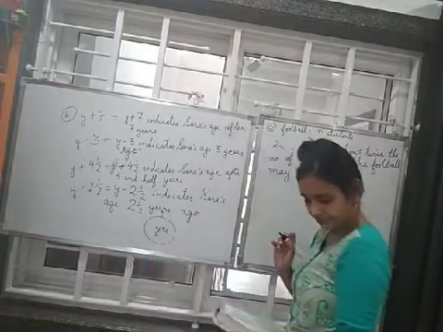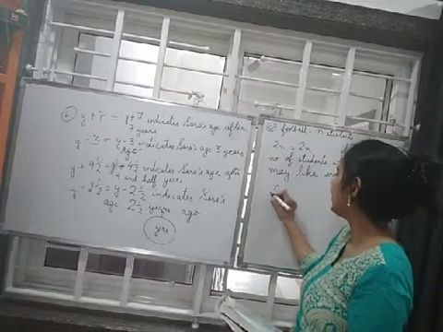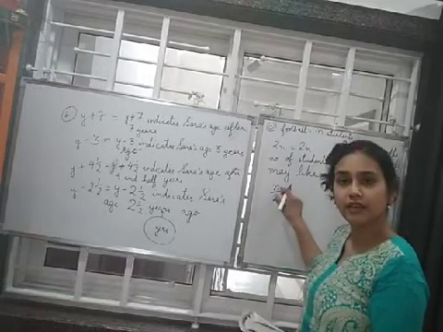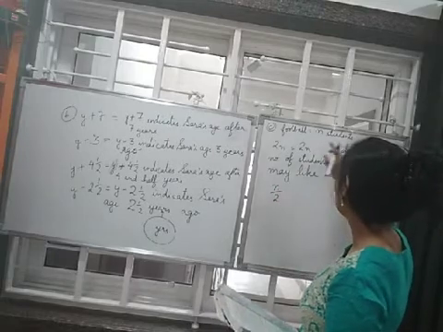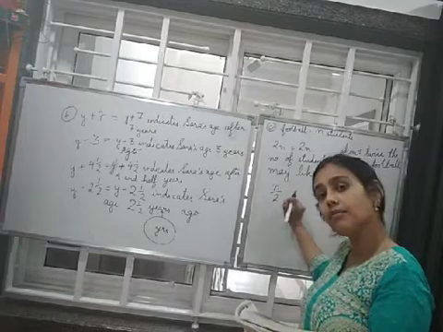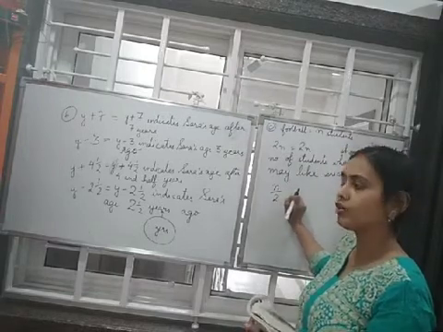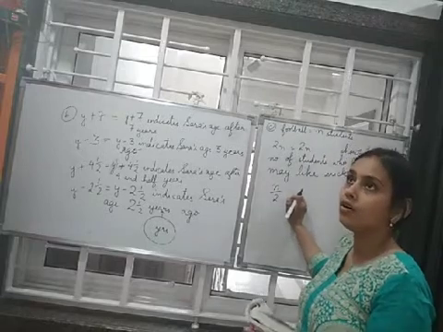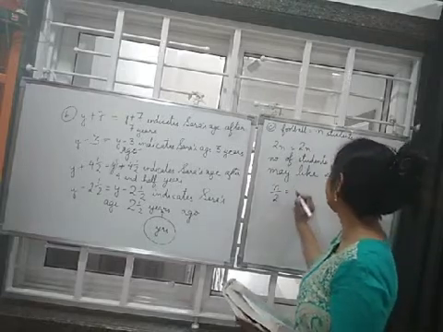Then, what may n by 2 show? N by 2 means half of n. That means half the number of students liking football. So, like some other game. You can take basketball this time, or you can take badminton, or you can take kho-kho, any name. So now what we'll write?